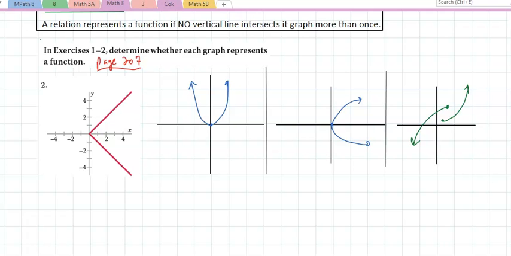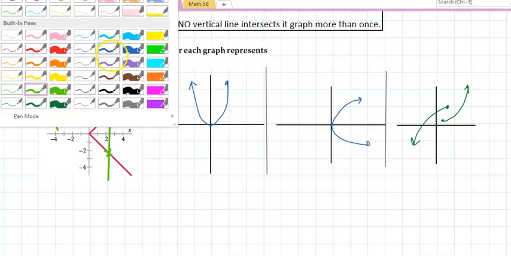It's fairly simple what to do. You run a vertical line down, and if it crosses more than once, that means for that one x there are two y's, and once you get an exception, not a function, you're done.